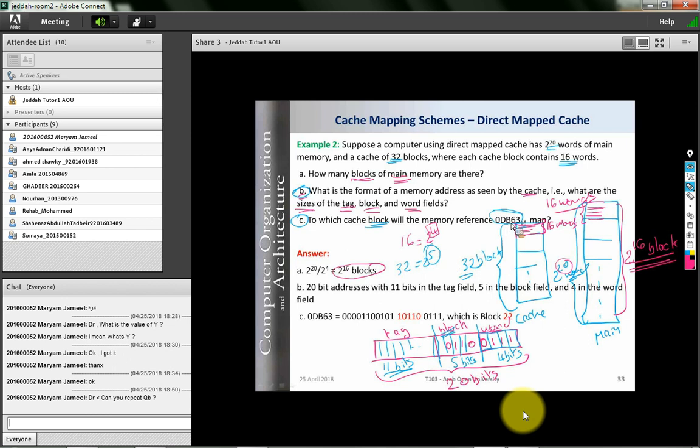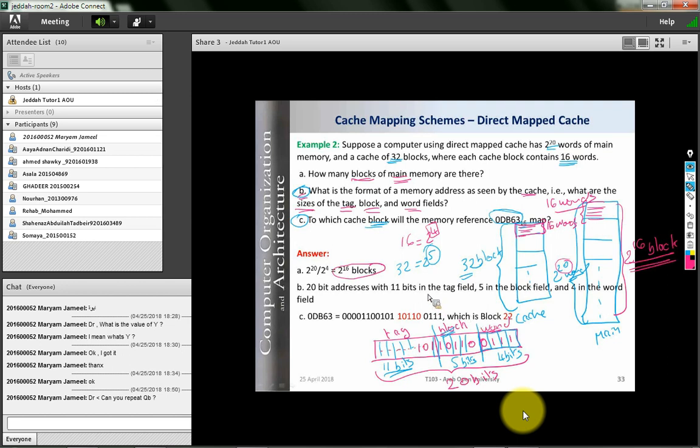After that we have B. B is 11, so 11 is 1 plus 2 plus 8, so it will be 1, 0, 1, 1, and so on.